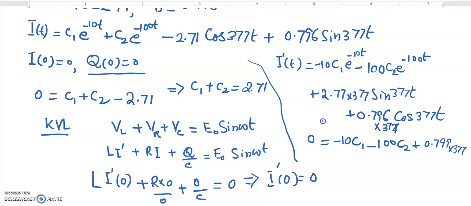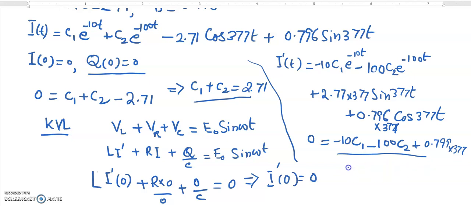I will not do this calculation. So now I get a second equation for C1 and C2. So I have this equation and I have the other equation. I will not show you how I solve these two, I will just tell you the result.